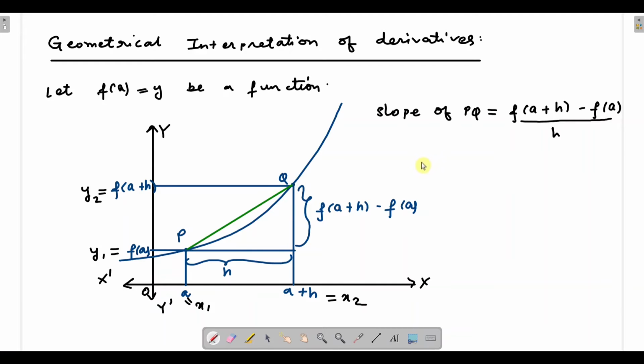Now if you look at this, if you now just bring the point Q closer to P, if you keep on bringing the point Q closer to P, how will the chords be? Let us see. So this is one chord here, PQ. Okay, let us draw it properly. This is PQ, this is another chord PQ.